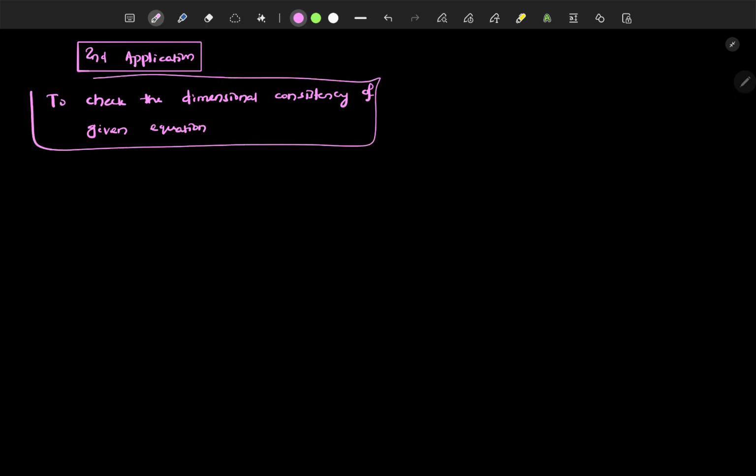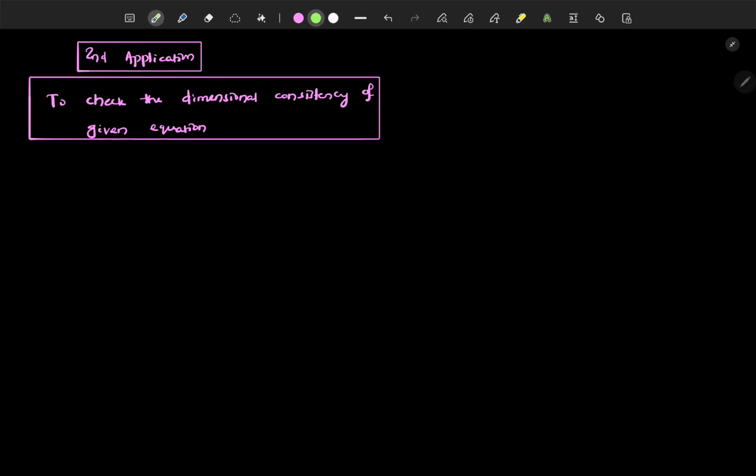Now see, here we will discuss how to check the correctness, or the dimensional consistency, of a given physical relation, of a given equation. This is the aim of this second application.